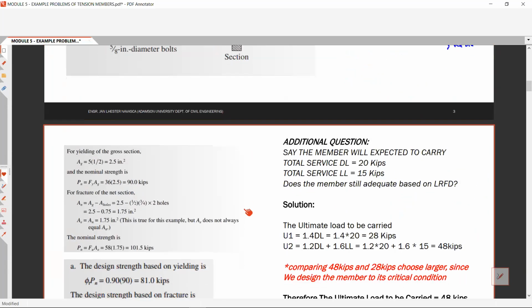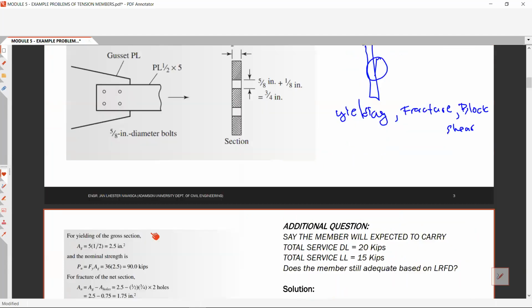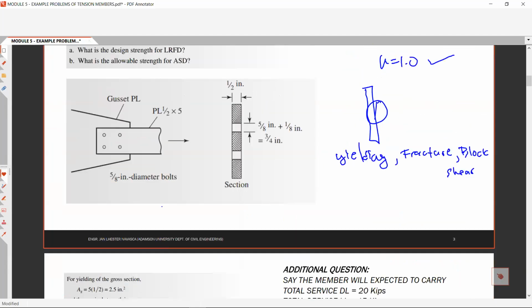Based on yielding, for yielding in the cross section, if you cut a section line here, what can you see? The area of the gross section.